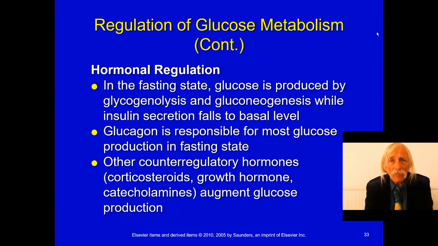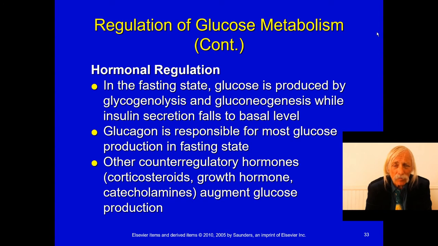So, in the fasting state, glucose is produced by glycogenolysis, right? Because glycogen phosphorylase is triggered by this response, if you recall. And insulin secretion falls to basal level.